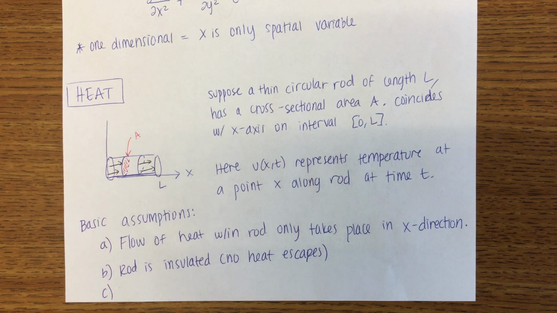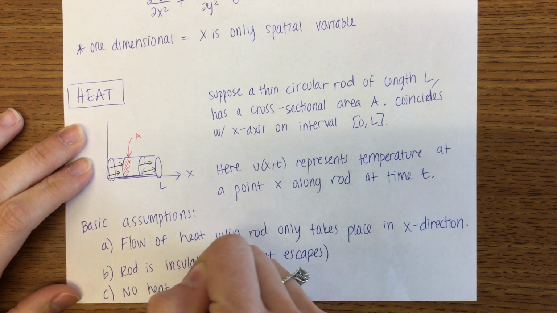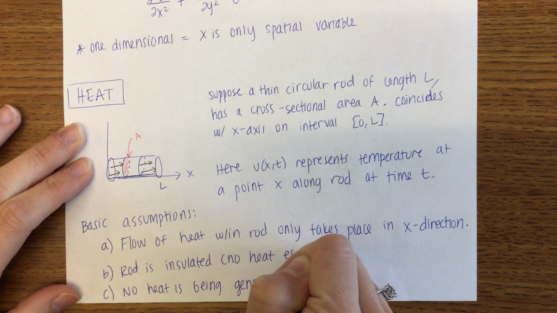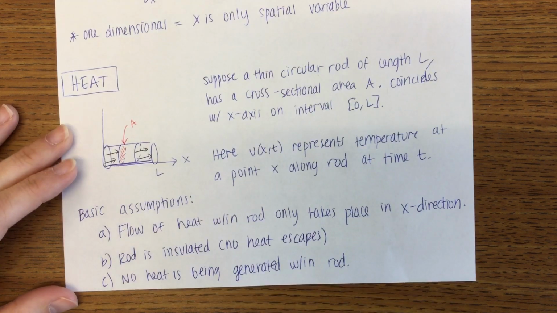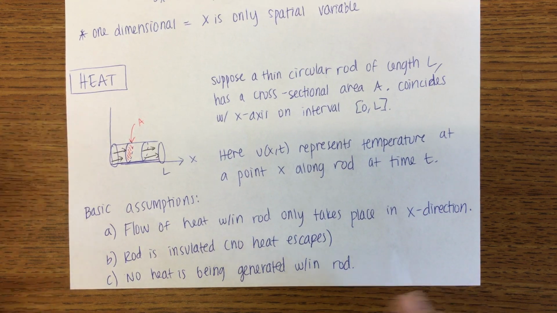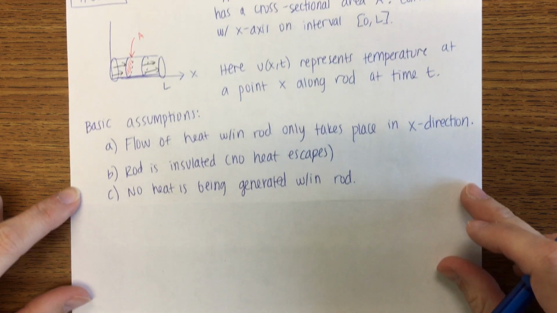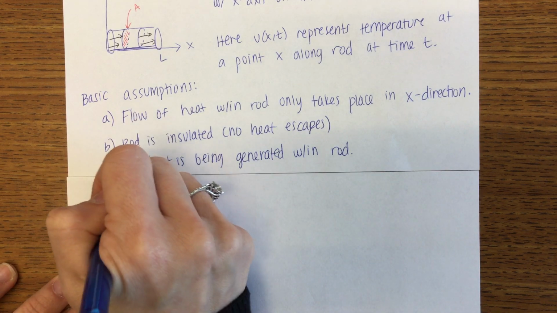We will look at a few examples where there is heat escaping, but we're not going to be solving any of those. Next assumption is that no heat is being generated within the rod. Okay, got two more.